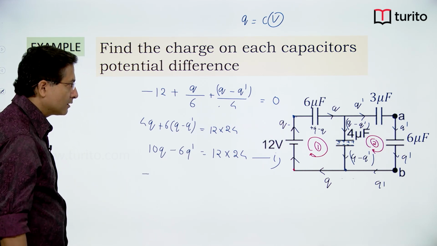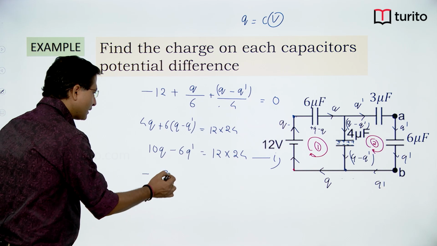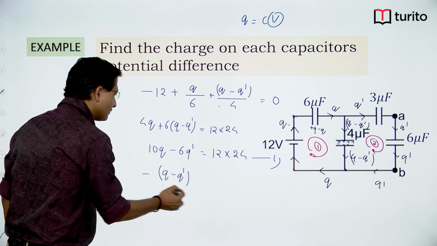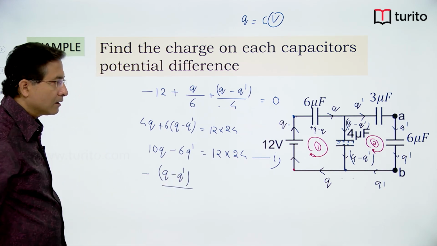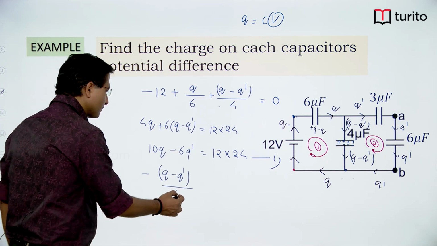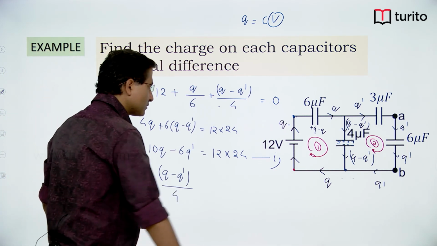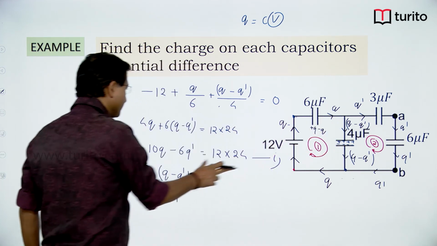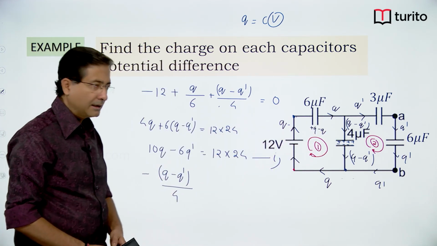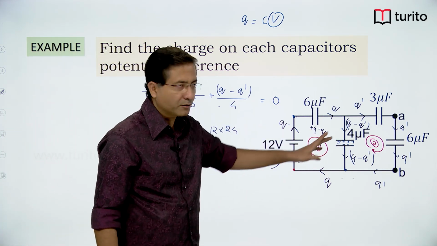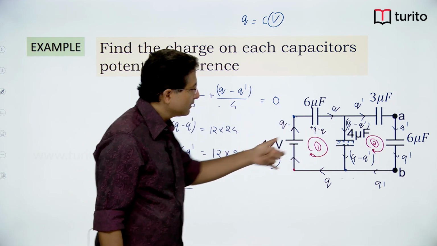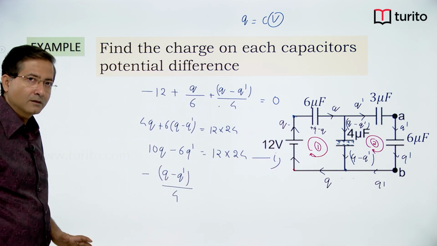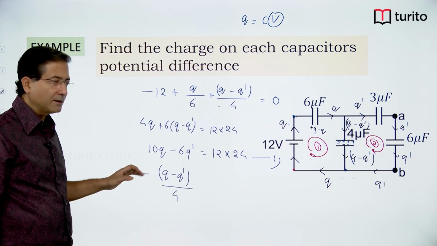Minus the charge on the capacitor, q minus q dash, divided by the capacitance 4. Be careful: here you are moving from the negative plate to the positive plate, potential is increasing, and increment is taken with a negative sign, that is why this negative is placed.